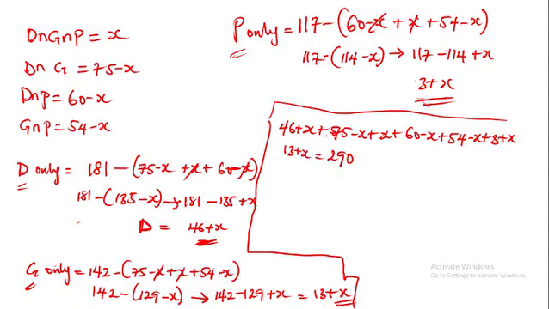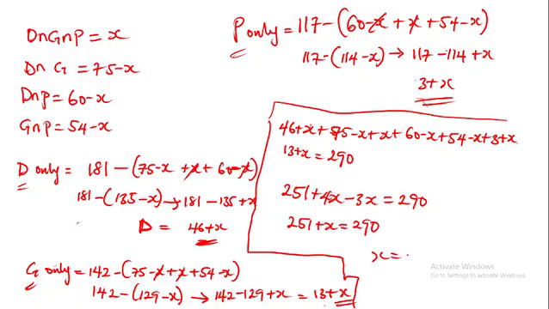Okay, so let us add the numbers together. We have 46 plus 75 plus 60 plus 54 plus 3 plus 13, and that will give us 251. Then for our X, we have X here, this is 2X, this is 3X, this is 4X, then we have minus X again, minus X, so minus 3X, so that gives us X. So 251 plus X is equal to 290.